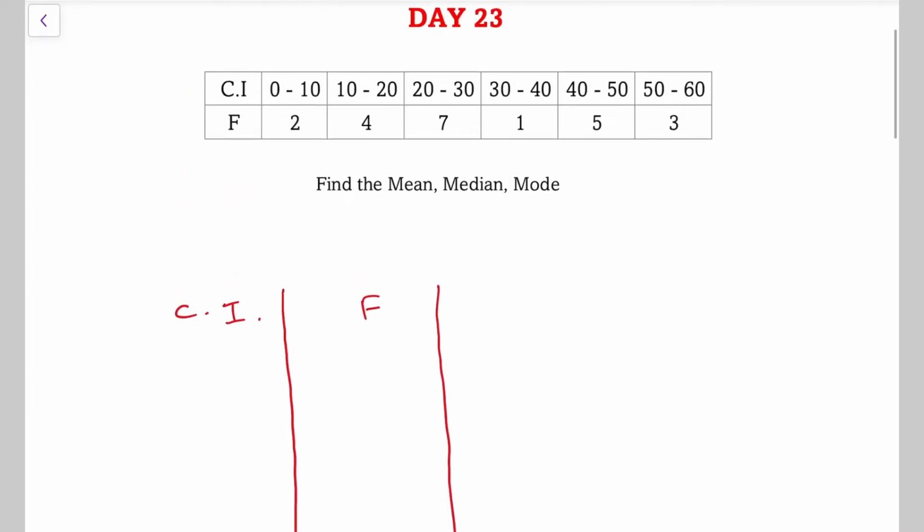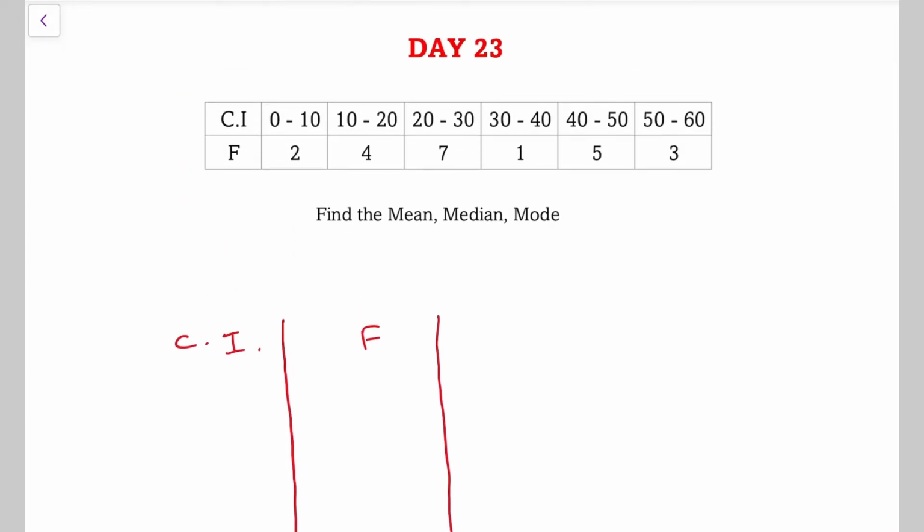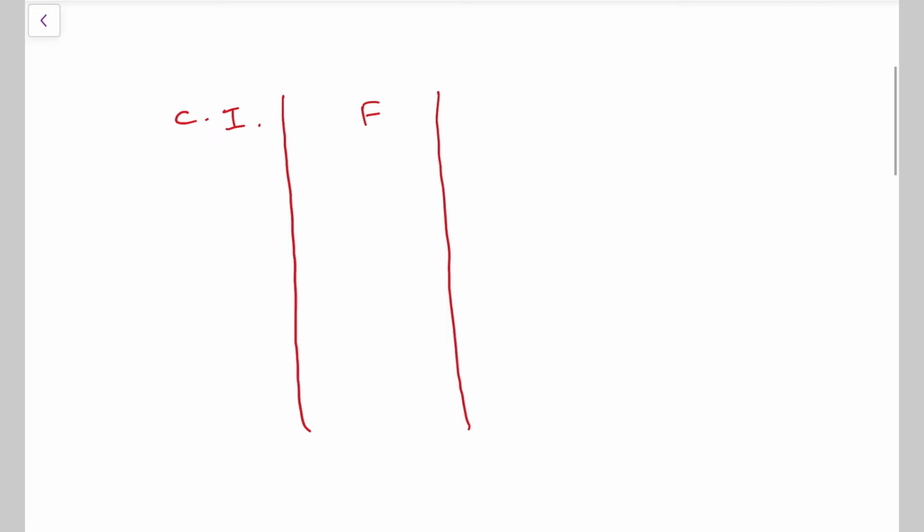Class intervals are given 0 to 10, 10 to 20 till 50 to 60. So 0 to 10, 10 to 20, 20 to 30, oh one more is missing, 30 to 40, 40 to 50, then coming to 50 to 60.